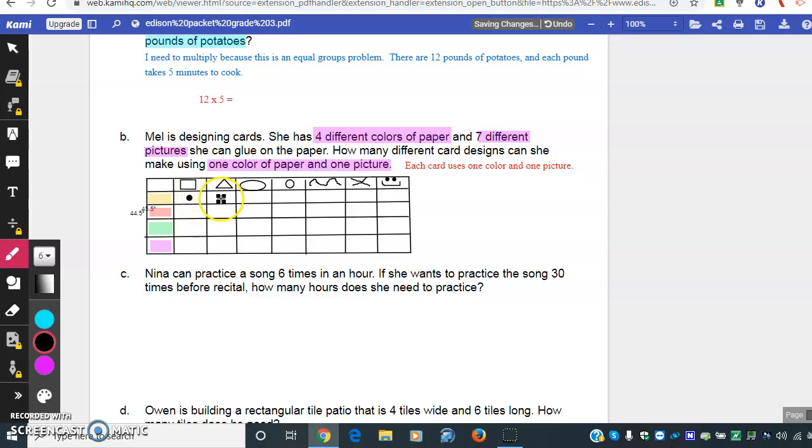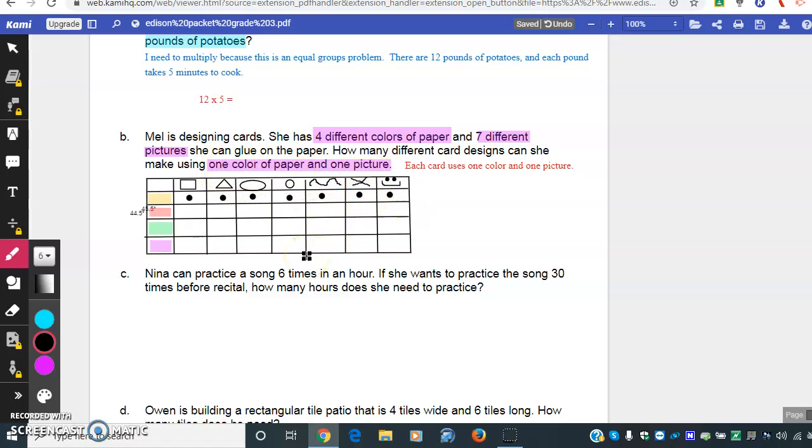She's going to make another yellow card with a triangle on it, another yellow card with an oval on it, another yellow card with a circle on it, another yellow card with a squiggly line, another yellow card with an X, and another yellow card with a smiley face. She can make 7 different yellow cards if she uses 1 color of paper and 1 picture.